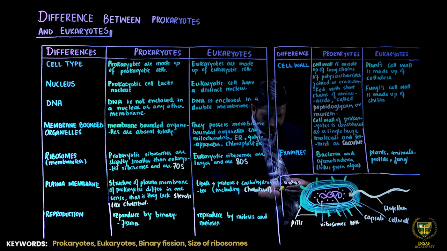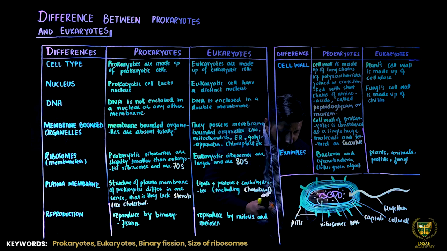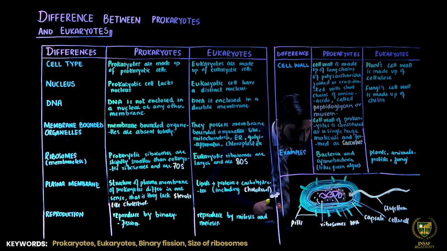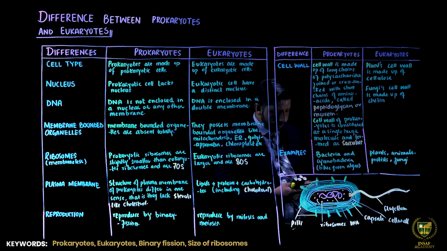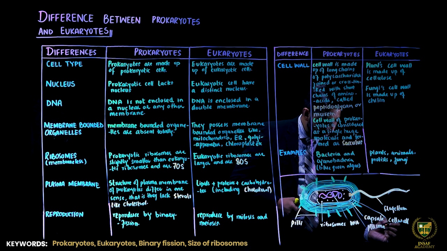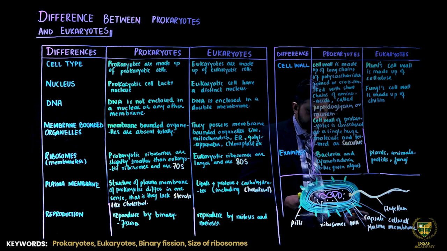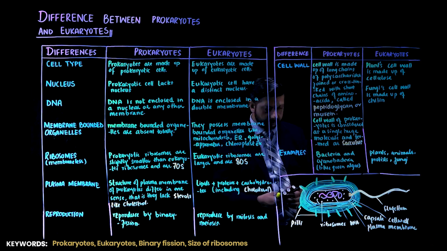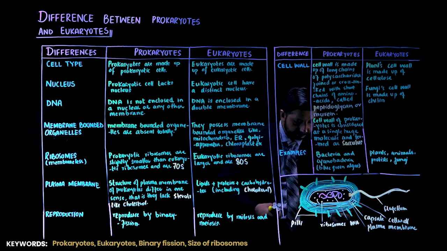Clear? And inside there is the plasma membrane. So this orange colored is its plasma membrane. So this is the structure of a typical bacterium here, a prokaryote.